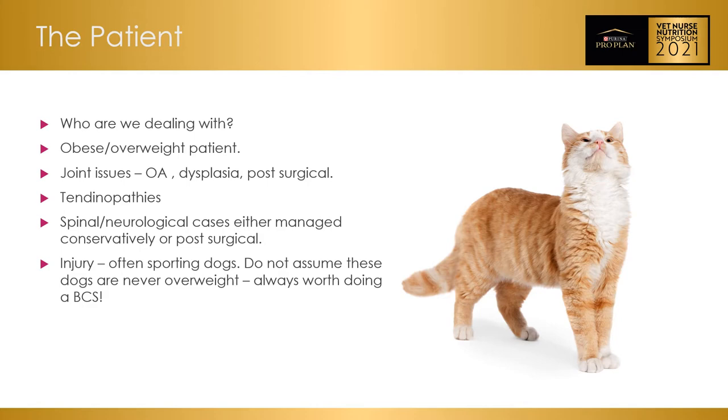Or it could be those patients that have incurred injury. So typically in practice we see a lot of sporting dogs, and I think it's worth at this point mentioning that we shouldn't always assume that these patients are of ideal body condition. I've seen quite a few sporting dogs that have been overweight.